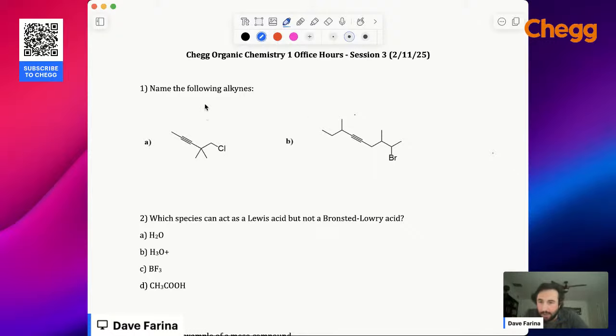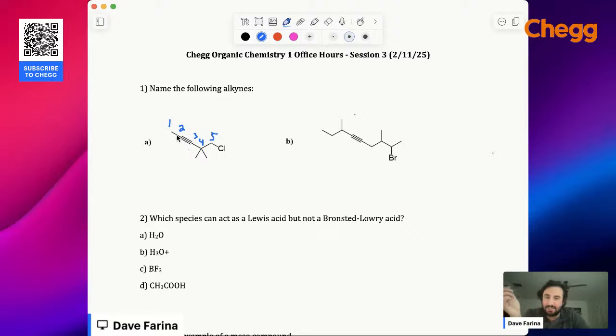So we're going to number this parent chain so as to give the triple bond occurring soonest, and that will be from this direction. So 1, 2, 3, 4, 5. Now, some students get a little confused with the triple bonds. These are carbons, right?